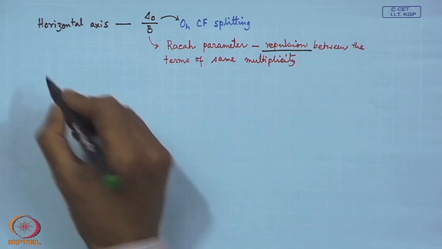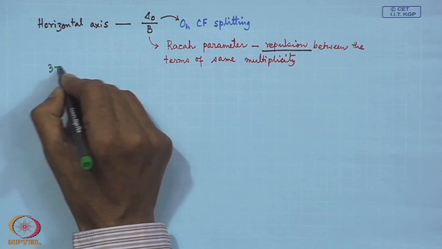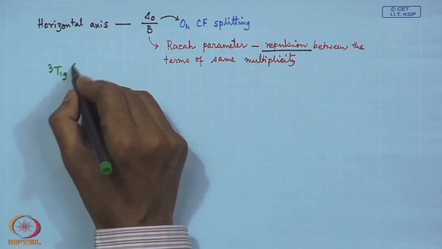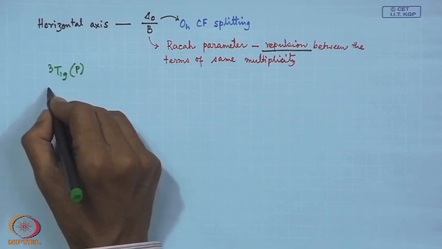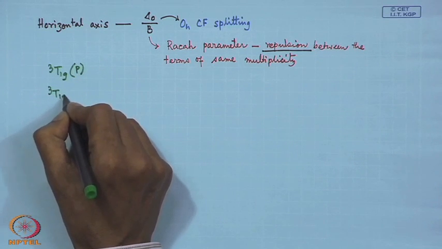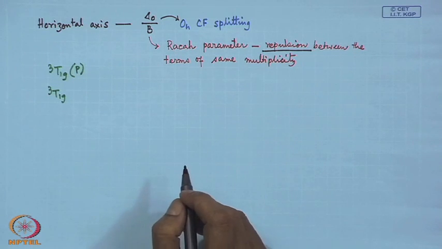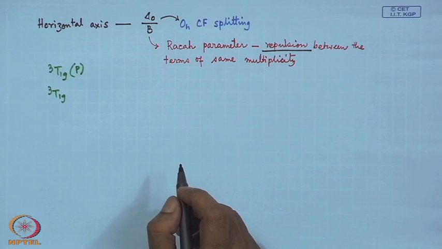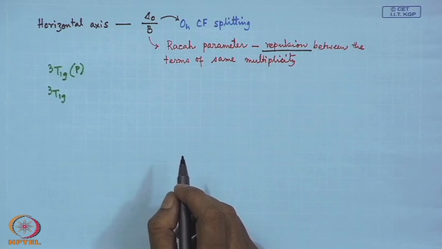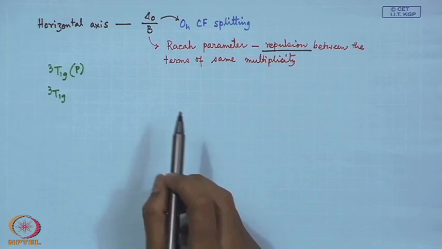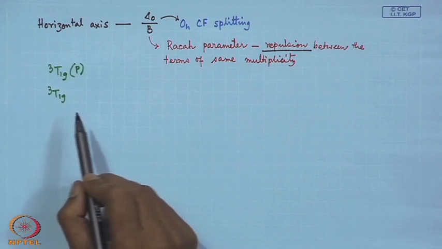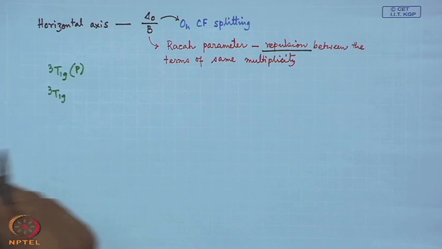That means if we have the 3T1G term, one is originating from P and another is originating from F. So, these two terms, of the same spin multiplicity, will try to repel each other, and we can find the corresponding repulsion in the diagram.